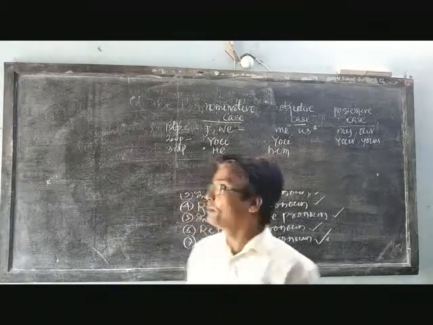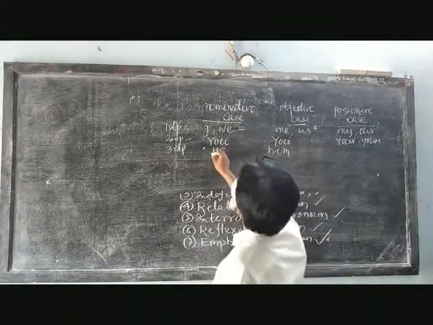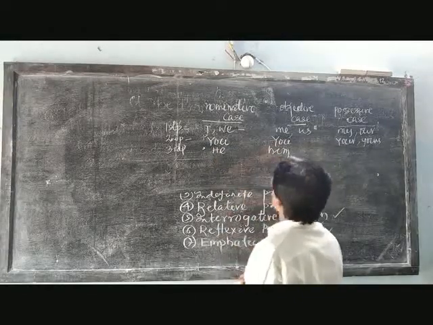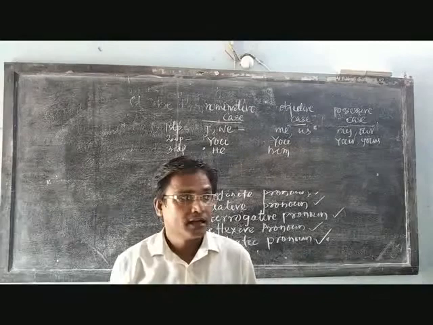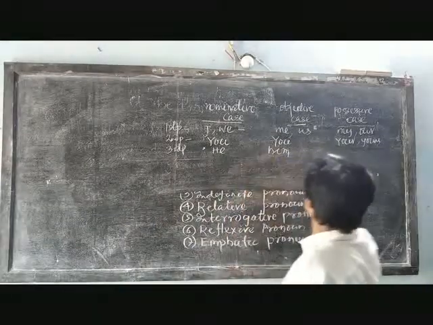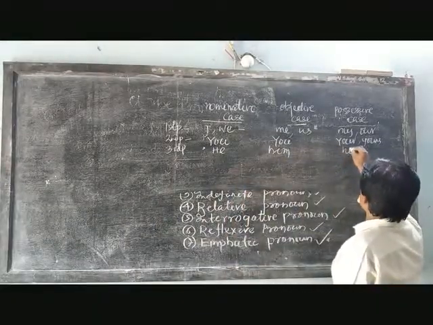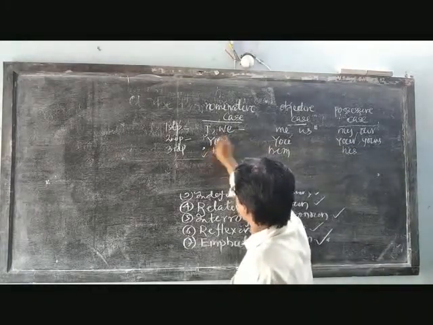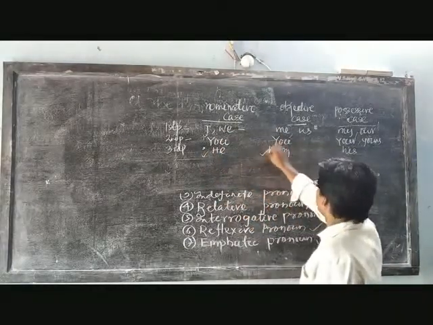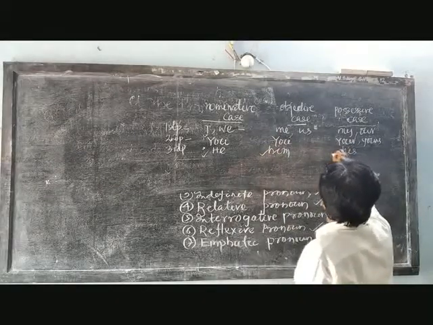The possessive case: his book, his classroom. In the nominative case it is he, third person; objective is him; possessive is his.